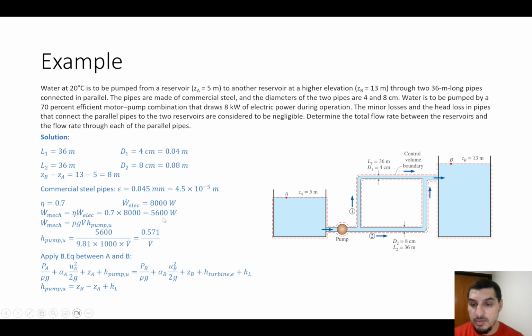We know the pump head already, and we know the difference in elevation. So from this we can find that H pump, which is 0.571 over V dot, minus H losses is equal to 8. This is the first equation we got, which is the relation between the head losses and the volumetric flow rate from the Bernoulli equation.